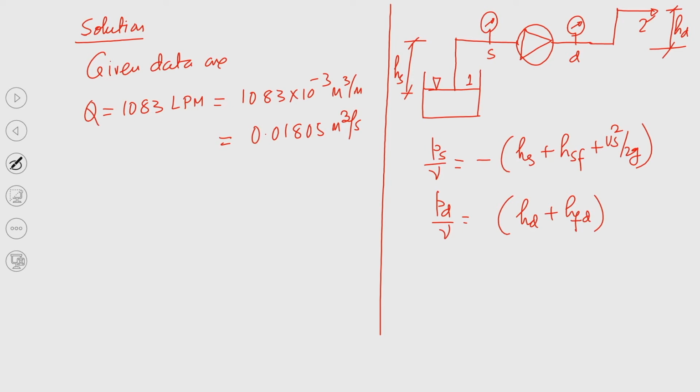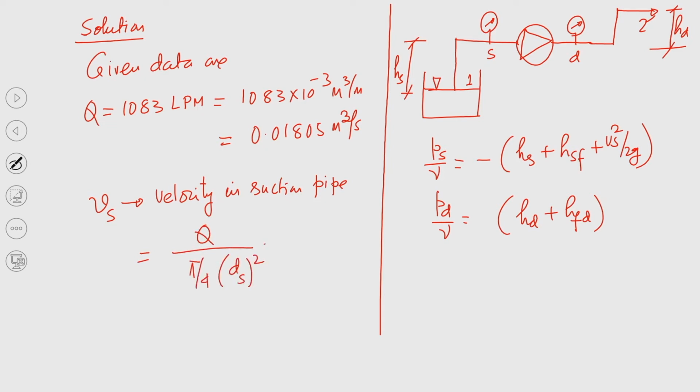Okay. Now, see what we can calculate. We can calculate V s, that is velocity of liquid in the pump suction pipe, that is nothing but Q divided by pi by 4 d s square, because d s is given 80 millimeter, that is 0.080 meter.